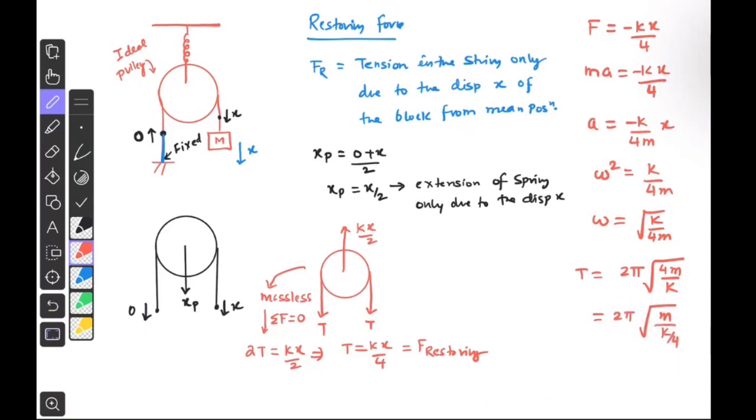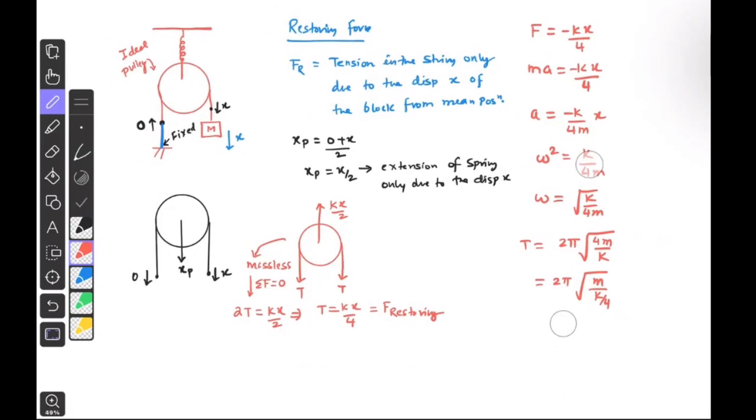Correct. So now maybe we can do something about that. Whatever time period this spring, block and pulley setup gives us, the same time period will come if I use only one spring and just keep the spring constant to be k by 4.